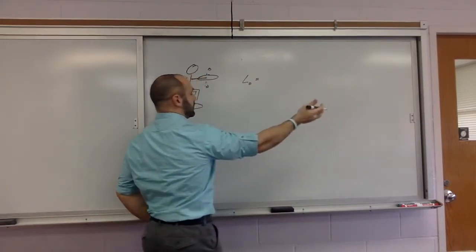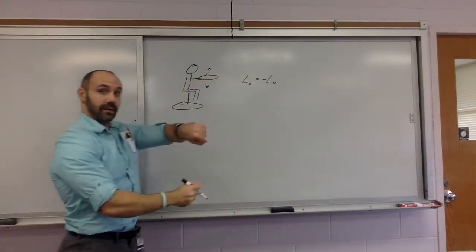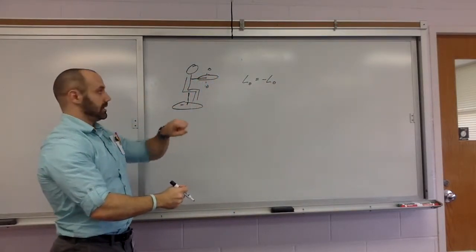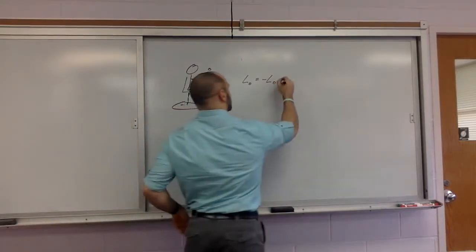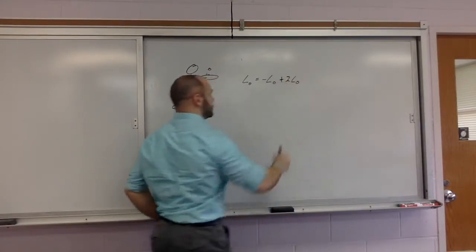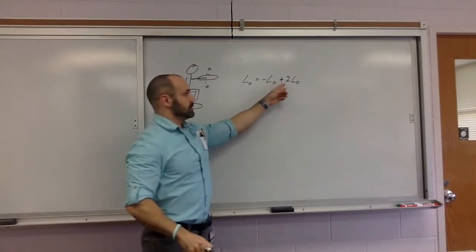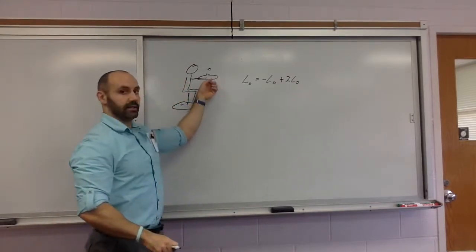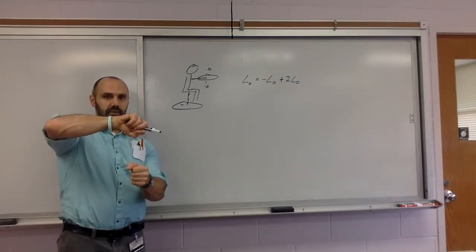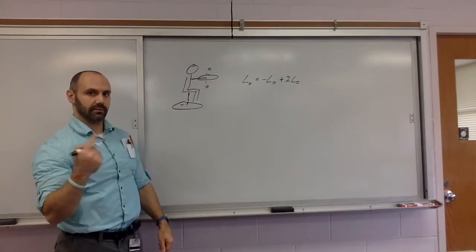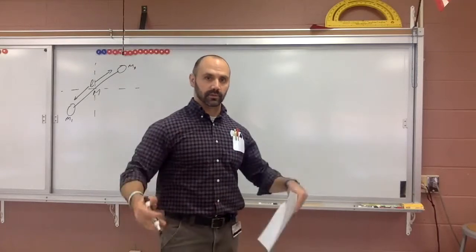And so now this is negative L naught because it's in the opposite direction. And because it's a vector, I have to account for that somehow. That means that the student has to then take on 2L0, right? 2 times the angular momentum that this thing had initially. And that's why that trick works, and we'll do that in class, where you take the spinning bicycle wheel and you turn it, and the person in the chair starts turning. And voila, now like magic, we're in a new room, change my clothes.